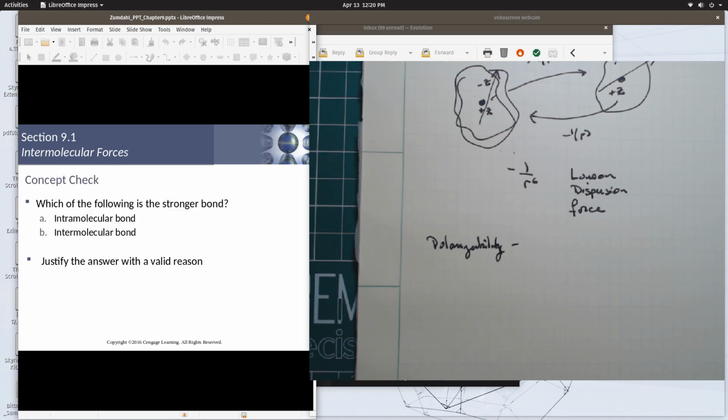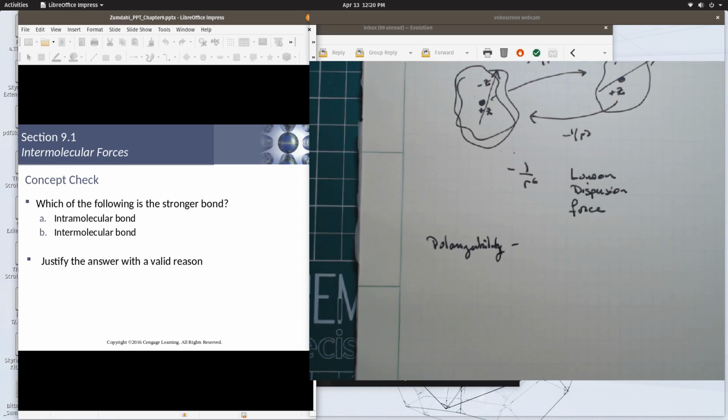Okay, so intermolecular bonds, very weak. Intramolecular bonds, very strong, because you have covalent shared electrons between the different atoms.